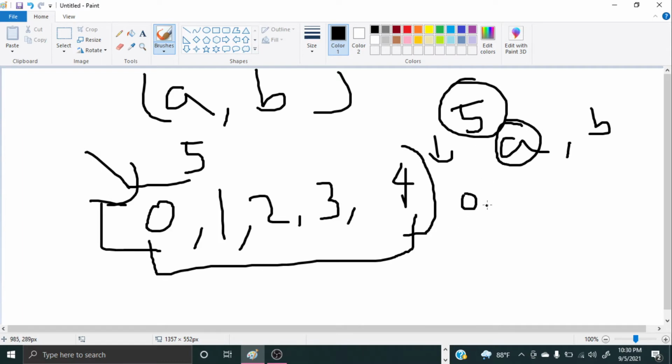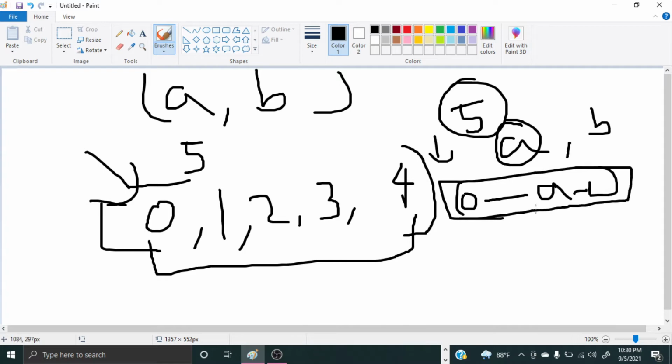So we're going to pre-compute the XOR value of the values from 0 up till a minus 1, because at least these values will always contribute in my array.